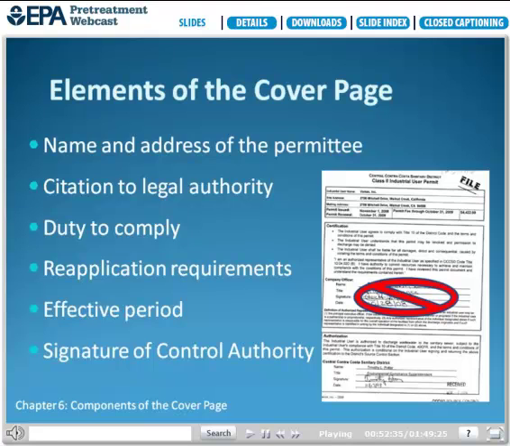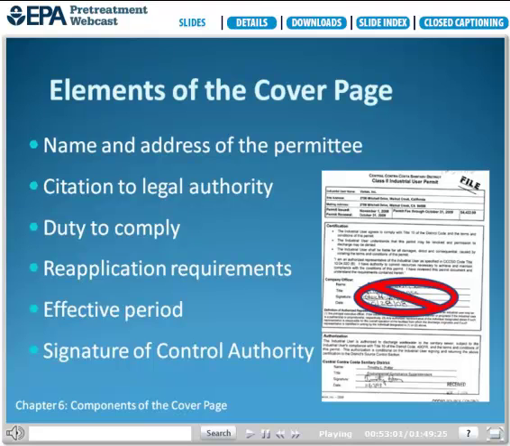A citation of the legal authority that the control authority uses to issue the permit, duty to comply, reapplication requirements. Normally the reapplication is required 180 days before the permit expiration, but it may be shorter.